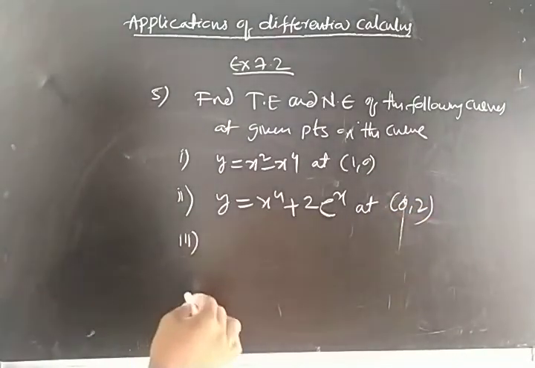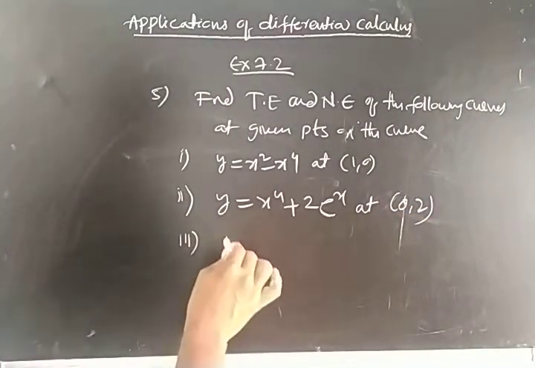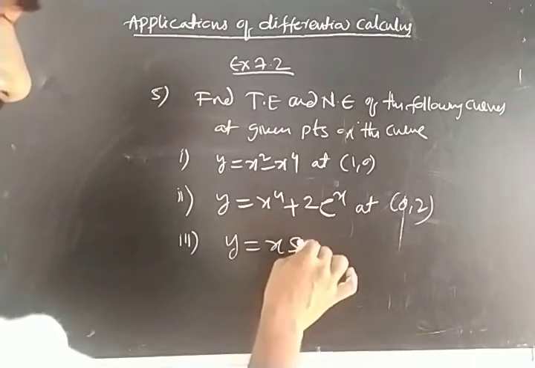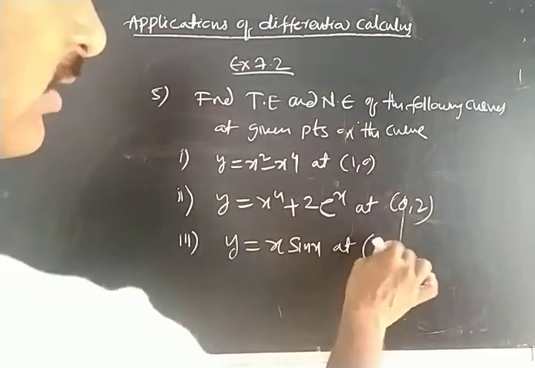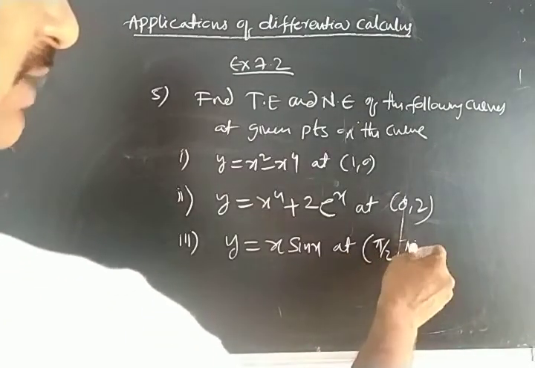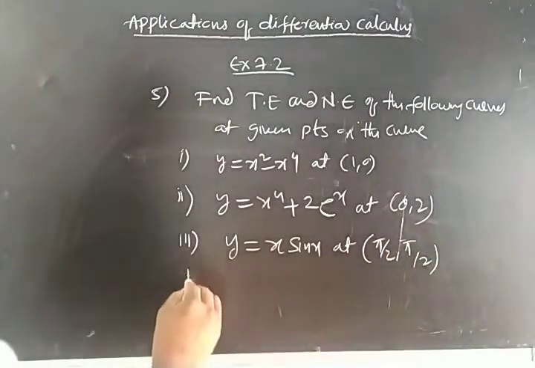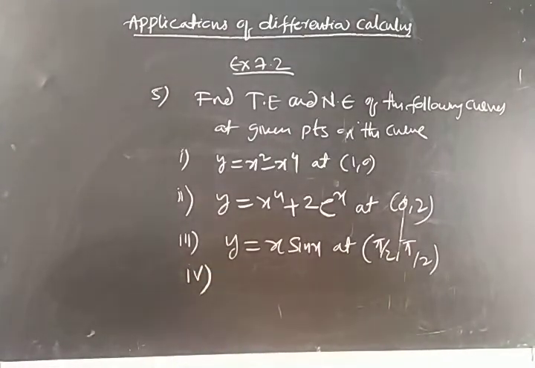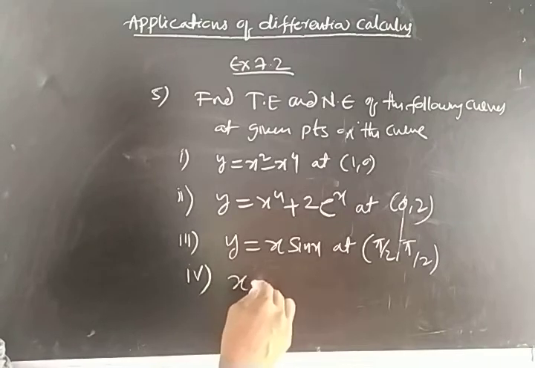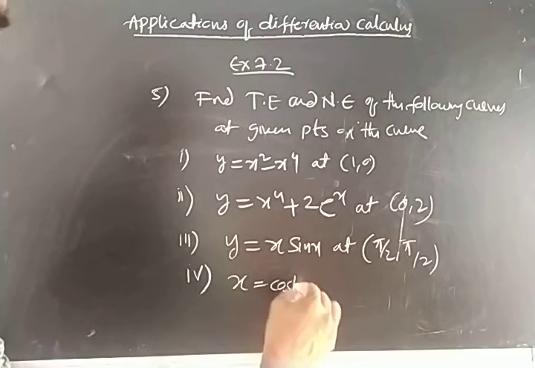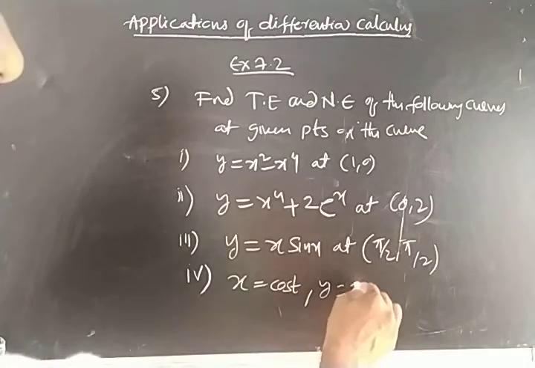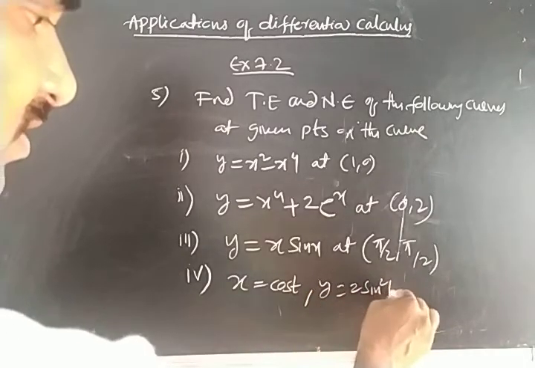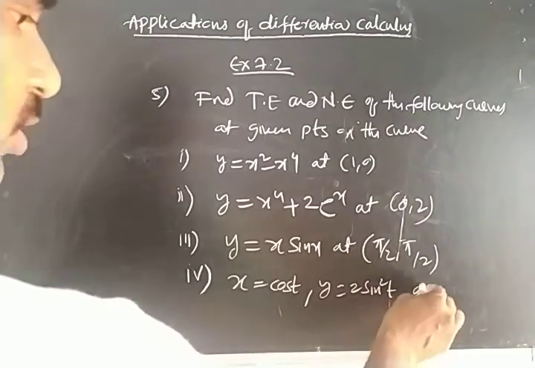Third problem, y equal to x sin x at (pi by 2, pi by 2). Fourth problem, x equal to cos t, y equal to 2 sin square t at t equal to pi by 3.